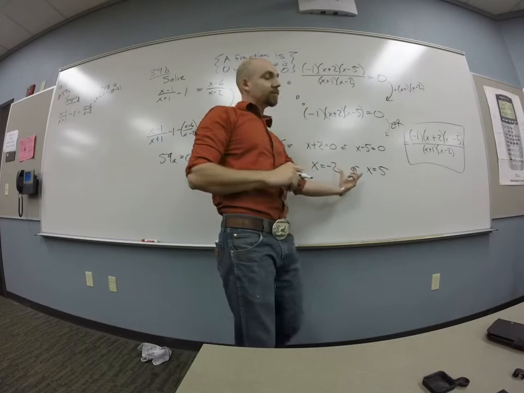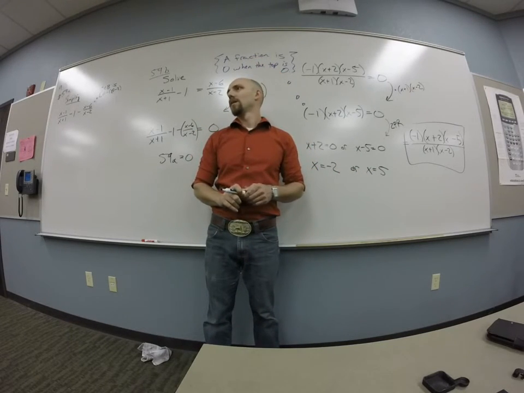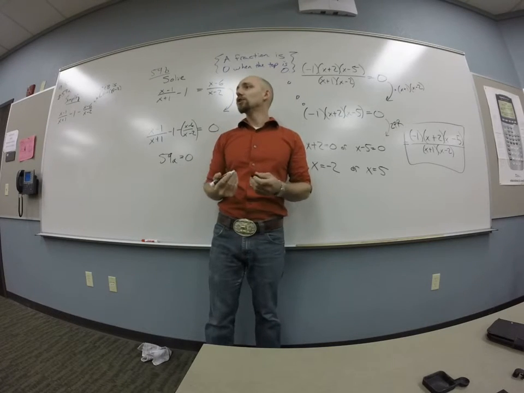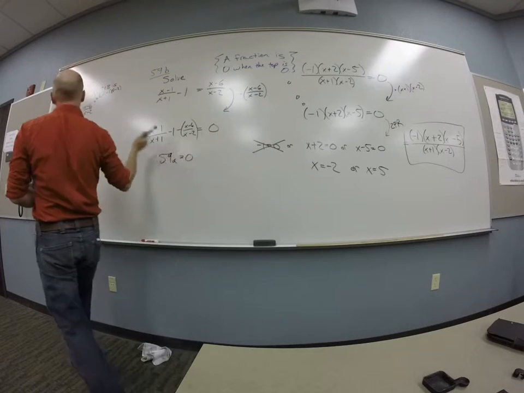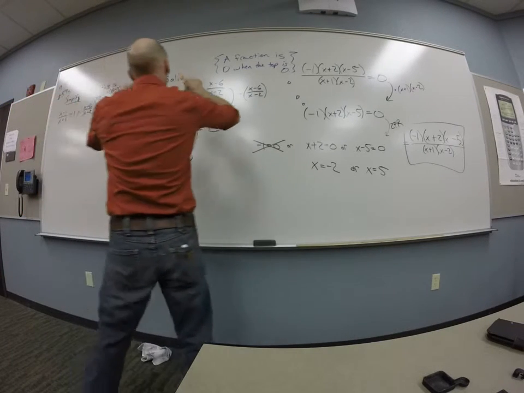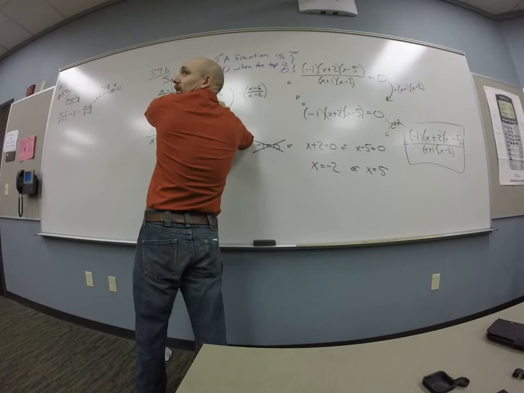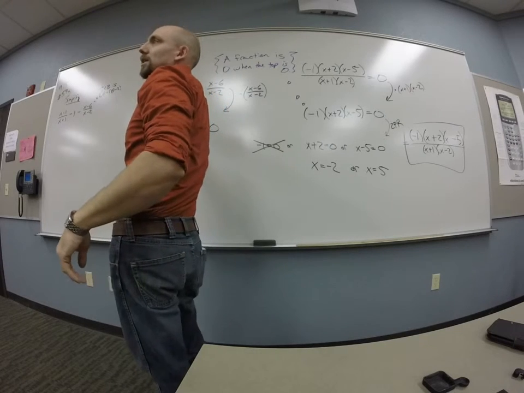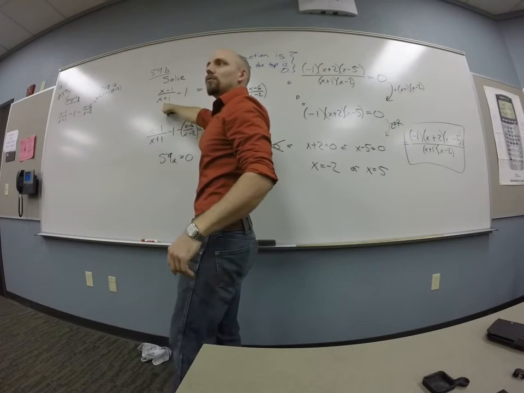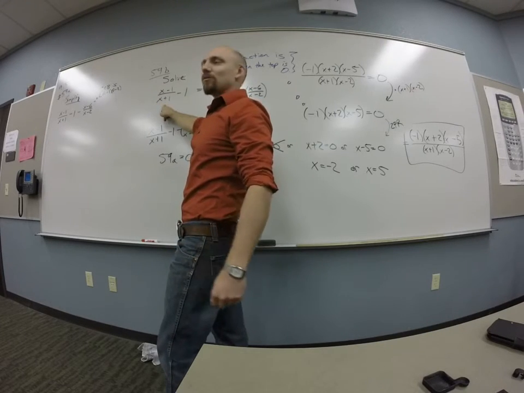Okay, so these are tentative solutions, right? Then what do I need to check? Yeah, I need to make sure that they don't cause division by 0, right? So I take those two and I stick them back in here. Really just in the bottoms of here, right? So if I plug in negative 2, the bottom of this guy is negative 1, right, negative 2 plus 1.